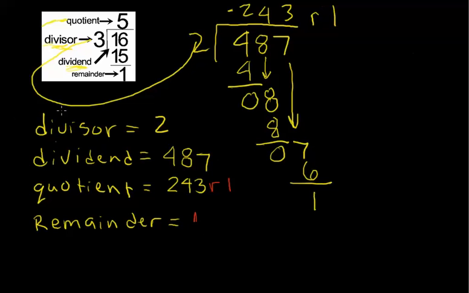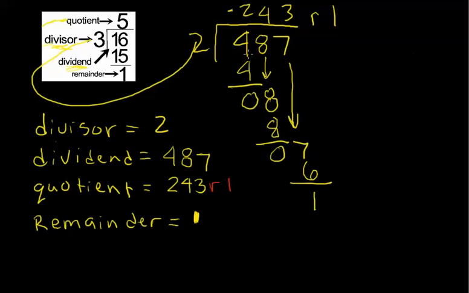Okay, so let's look at that for a second. What do we mean by a remainder of 1? If we look over here on the problem, what we're saying is that 2 will not go into 1 evenly, so we're not going to have a quotient that's a whole number up here.